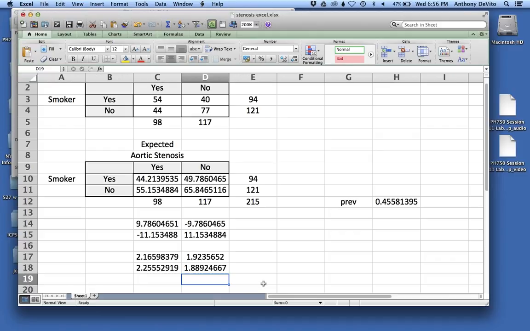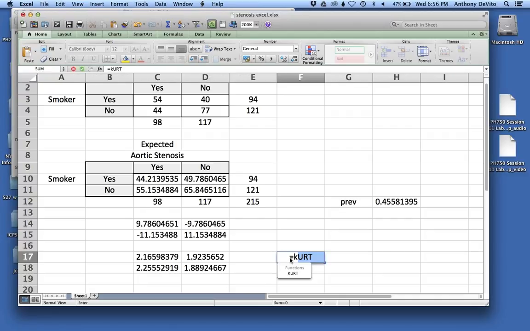Okay, so now I have 4 numbers that represent the magnitude of the difference between each one of these cells. So I'm going to add those all together. That value is our chi-square value.